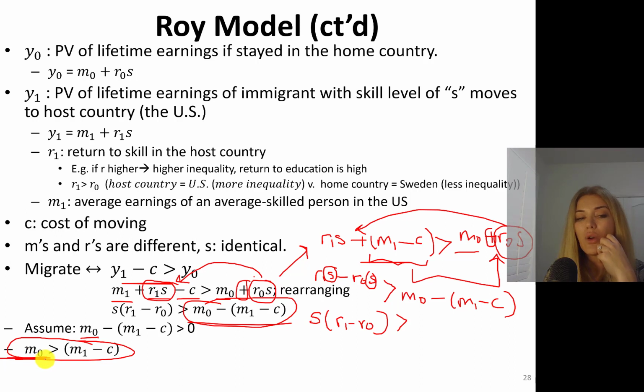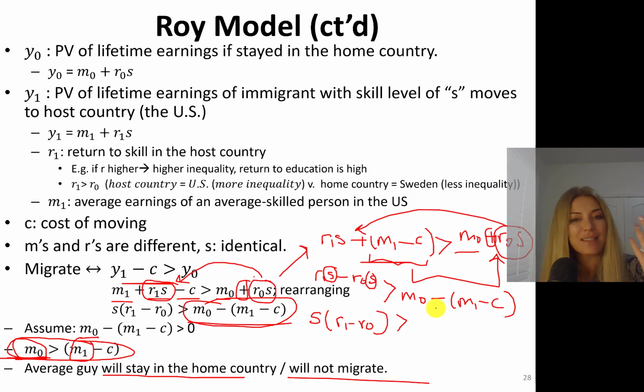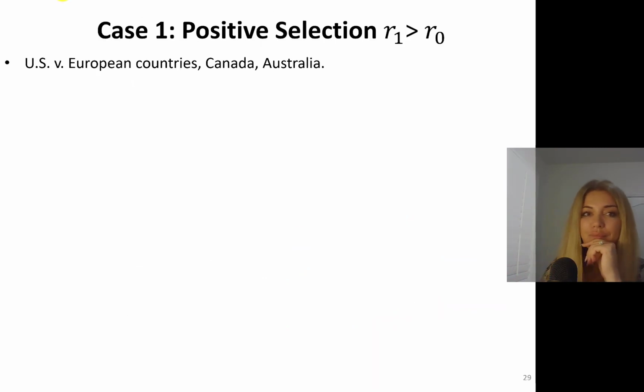This is the earnings of an average person at home greater than the earnings of the average person migrating to the US minus the migration cost. So the average guy will stay in the home country and will not migrate. This is one of the weaknesses of the Roy model, right? Lots of people from different skill levels migrate. It's okay. It's going to have its weaknesses, but it's still a valuable model.